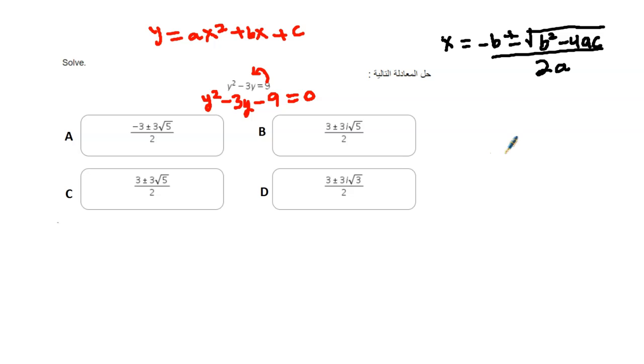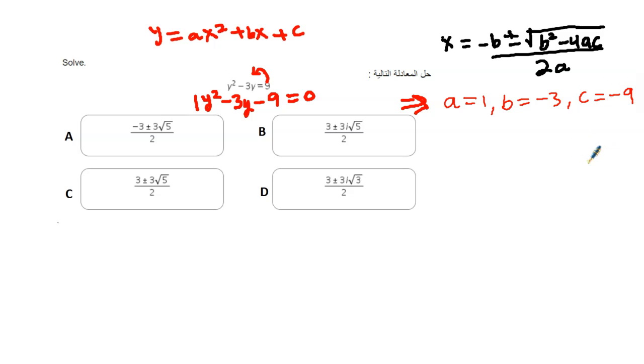Most of the time we teachers use x, so students can be a little confused about how to get the y, but it doesn't matter, it's just a variable representing something. There is no number in front of y squared, so you can put 1 there. This implies that a is equal to 1, b is the coefficient of y, so negative 3, and c is equal to negative 9.